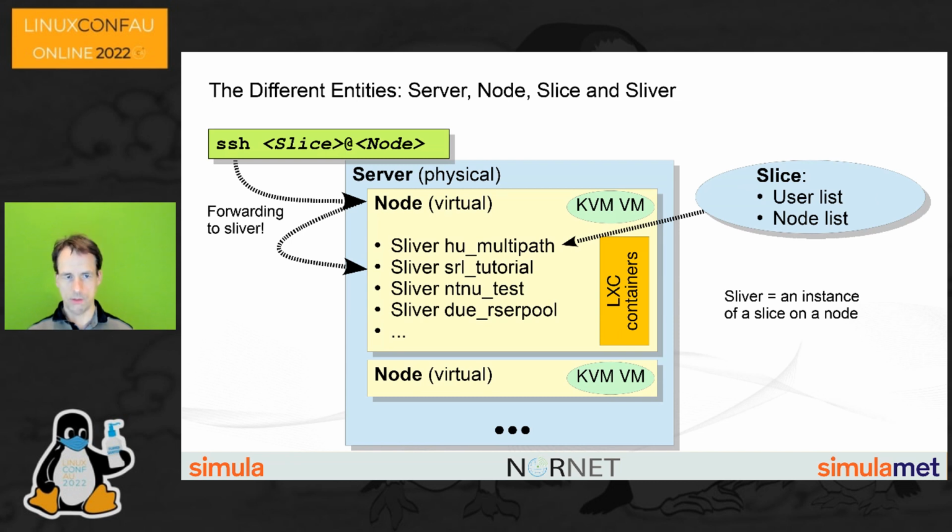Our physical nodes run these PlanetLab Central based nodes as KVM virtual machines, and inside these KVM virtual machines run LXC containers instantiating so-called slivers.